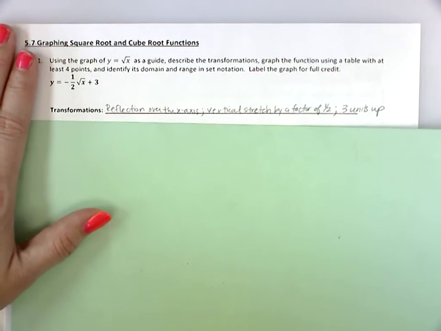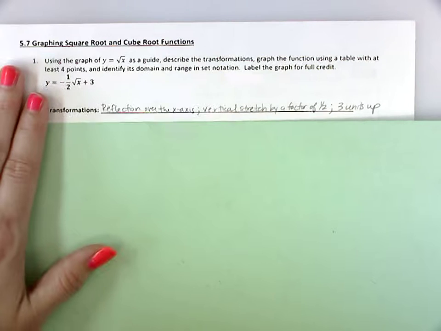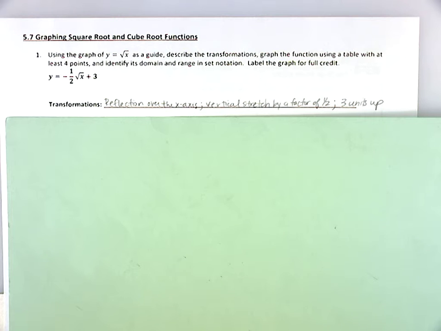Oh yeah, go ahead, Arun. Is the domain always going to be the radical? Anytime it is an even root, so anytime it's a square root or like a fourth root. The one that's on your quiz is either going to be a square root or a cube root. So if it's a cube root, can you take the cube root of a negative number? No. Yes.